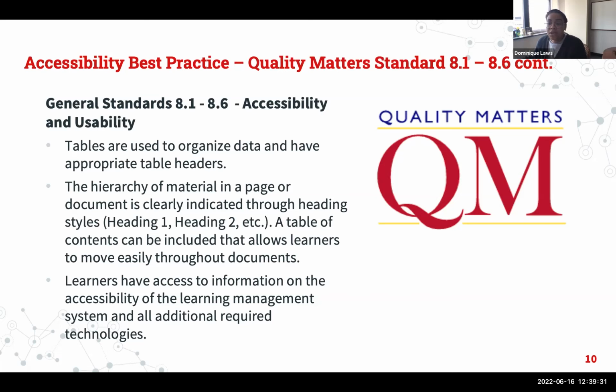The CAL team uses the Quality Matters rubric in our peer reviews and course design, and incorporating these elements into our course development ensures that you won't have to redo work or go back and change content due to the lack of accessibility. So we're talking about headers, making sure that you're not using inappropriate fonts, and that the information is readily available for your learners at the touch of a button.